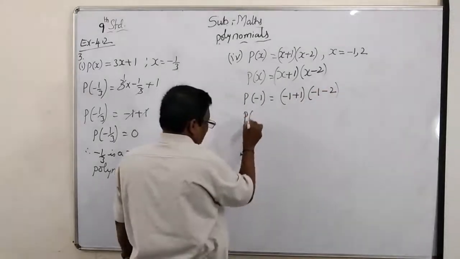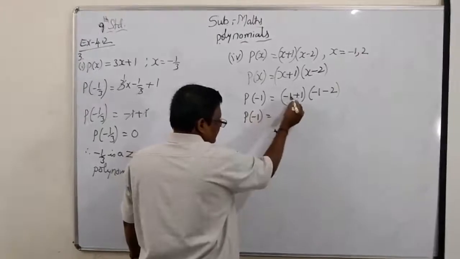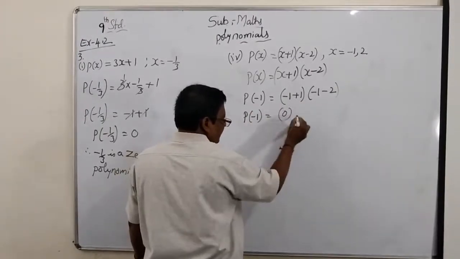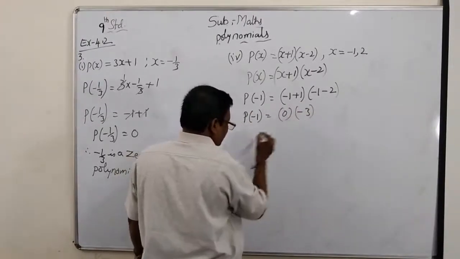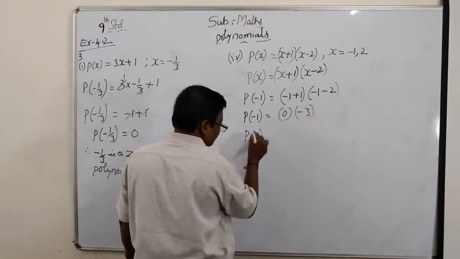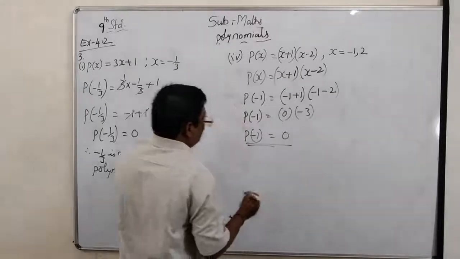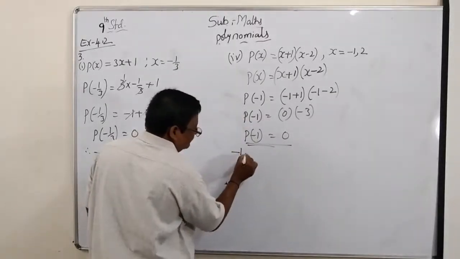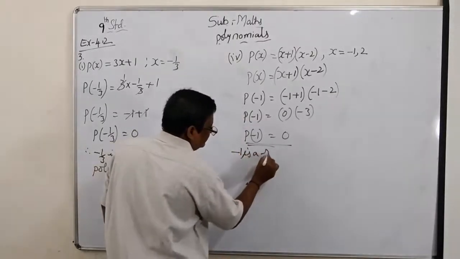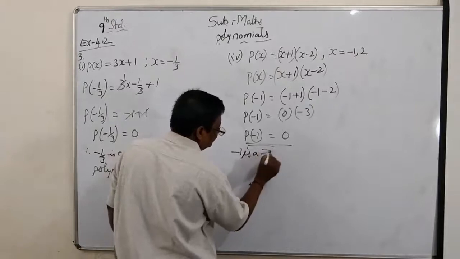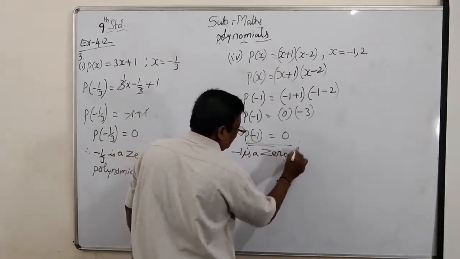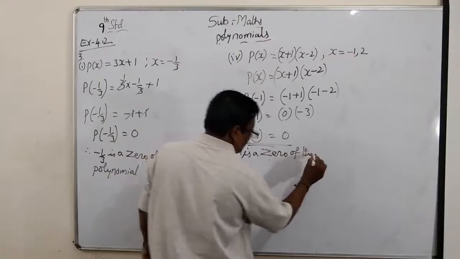Here minus 1 and plus 1 cancel to give 0, the other factor is minus 3, and 0 into any number is 0. So minus 1 is a zero of the polynomial.